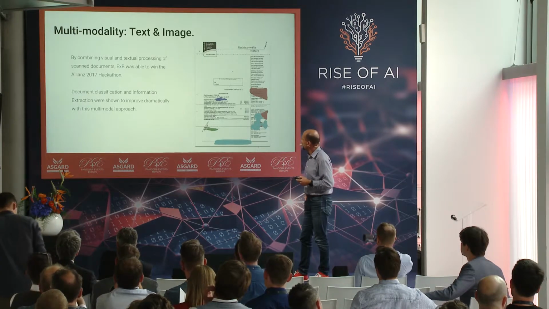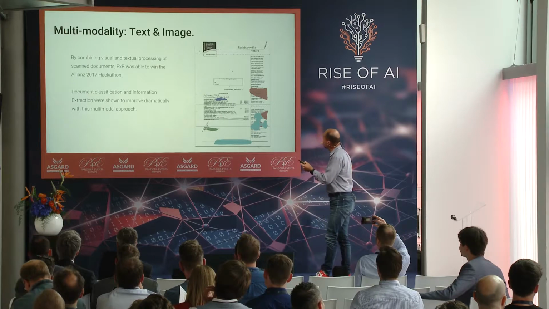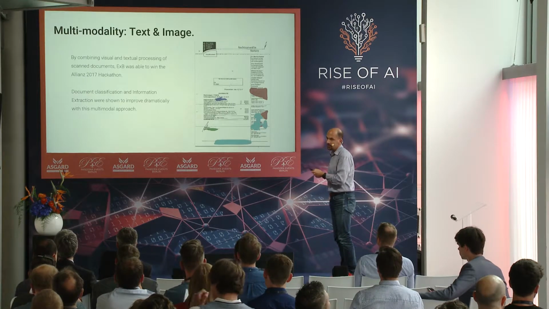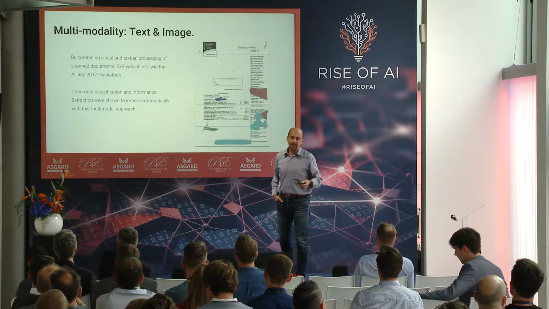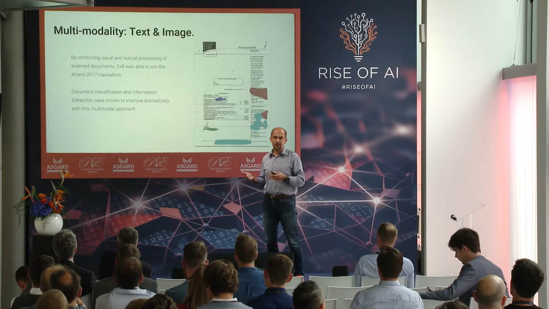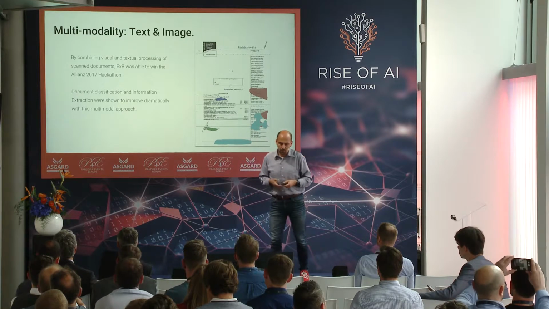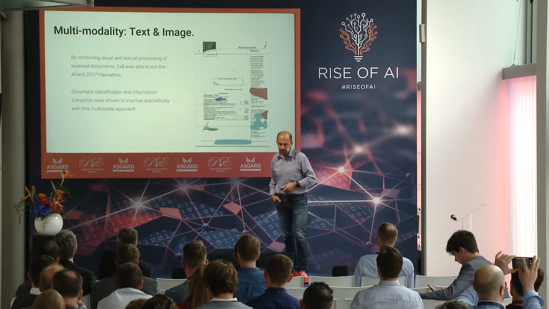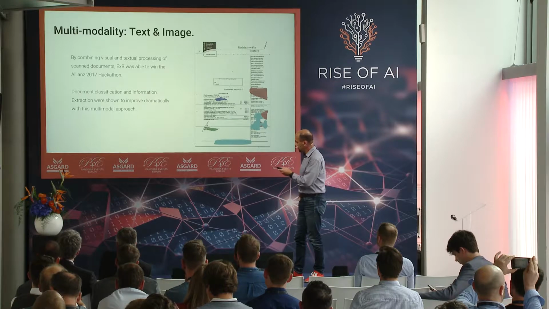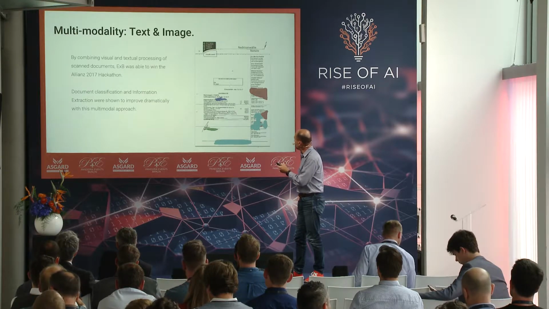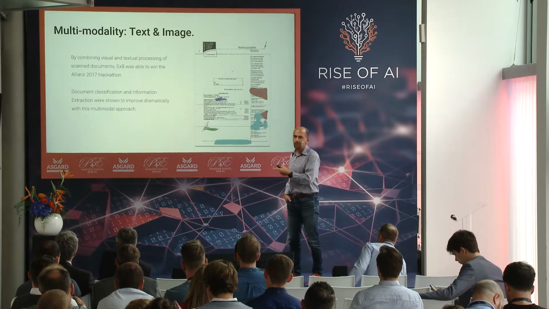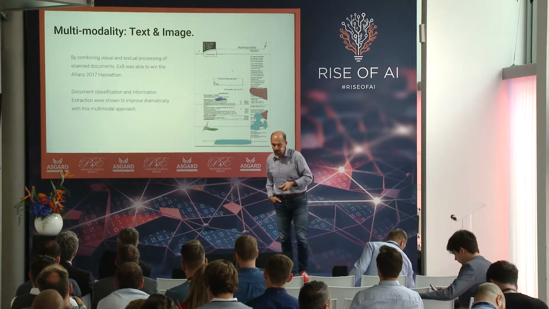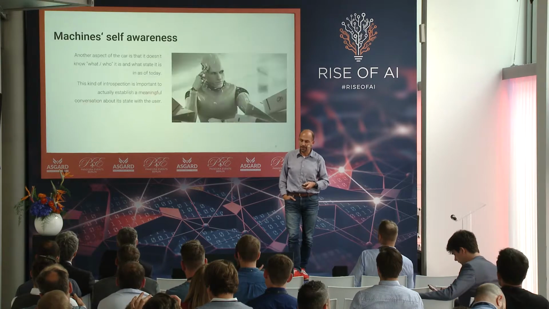So one of the things that we did is we combined a deep learning algorithm for understanding the layout information of documents and combined that with the text analysis to really win the Allianz Hackathon last year, to extract information not only from the text that is in the documents, but also the position within the document. So that's one example of multimodality.